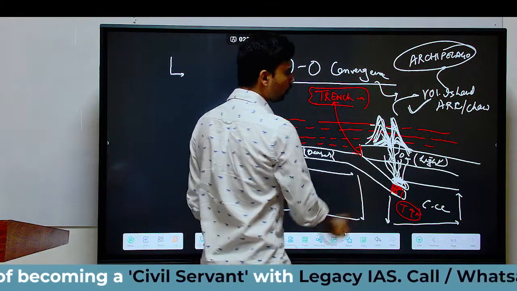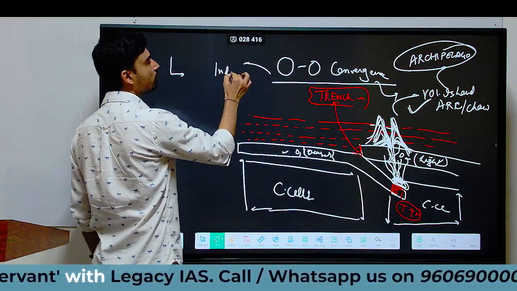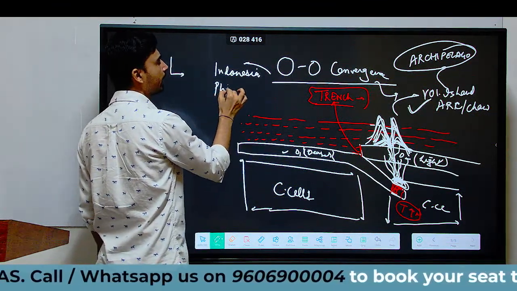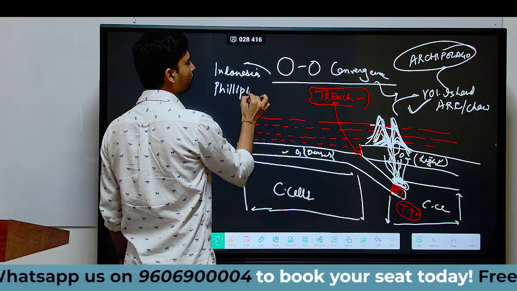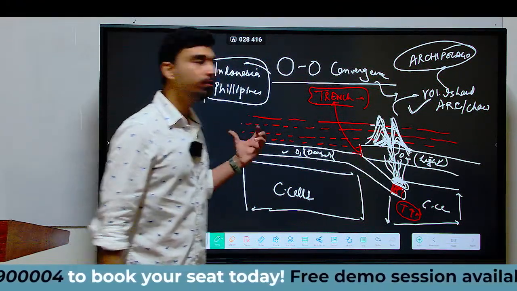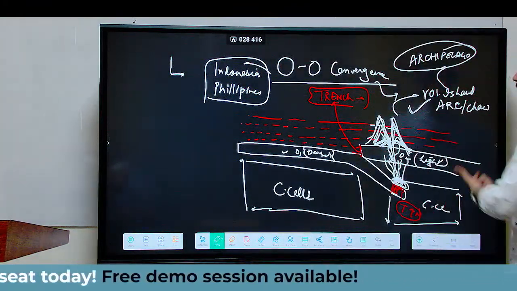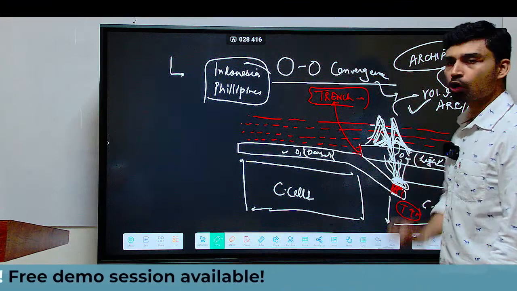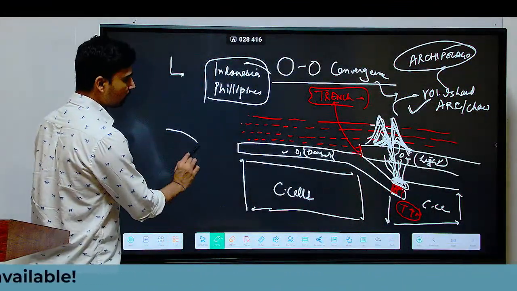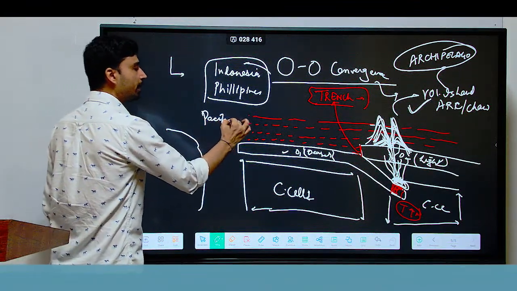Whenever we have O convergence, the best example of this you can see in the case of the islands that have developed in Indonesia and Philippines. These countries together have more than thousands of islands, and all of these are which kind of islands? These are all volcanic island chains that have formed due to O convergence, because around both these countries, on one side you have the Australian plate and on the other side you have the Pacific plate.